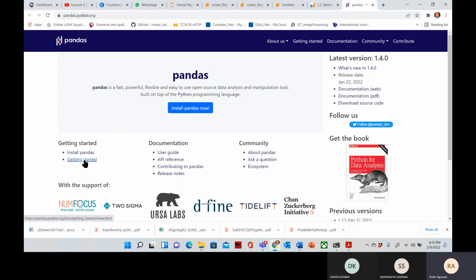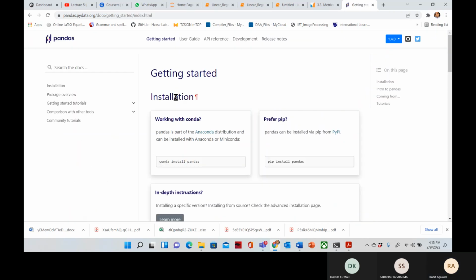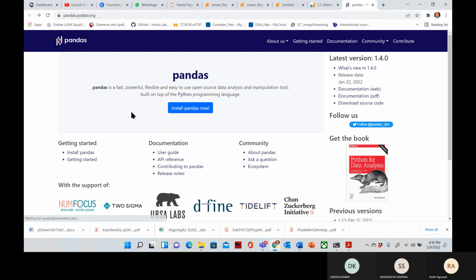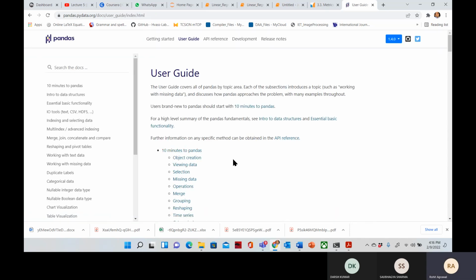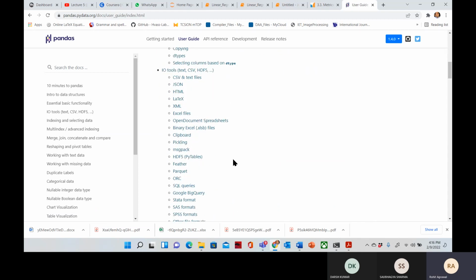Okay. Install, getting started, user guide. Okay, this one. Again, this is a very large file actually.